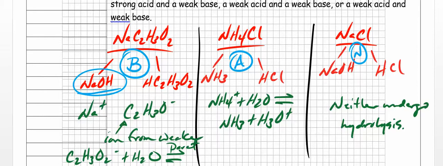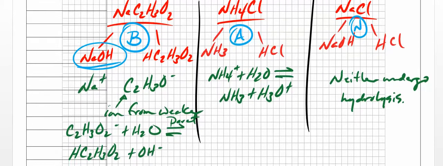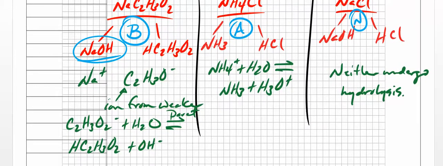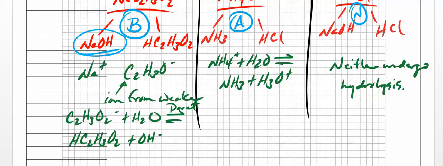Now, let's talk about the hydrolysis way of determining what we've already determined, whether these were acids or bases or neutral. All right. I want you to go back to the parents, right? The parents that created these salts. Let me scroll up just a little bit, okay?